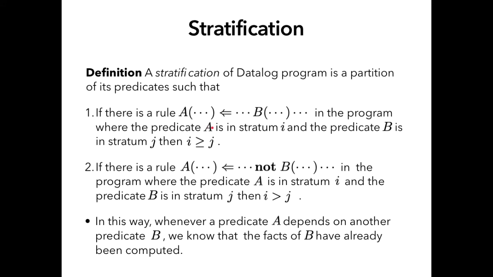So if the predicate A is in the stratum i, then the predicate B is in some earlier stratum with a smaller index. But it can be the same because it doesn't matter, since there's no negation here. But if we have a rule in which we're defining A using B and B is negated, then the predicate that's being negated must be in a strictly earlier stratum than A.